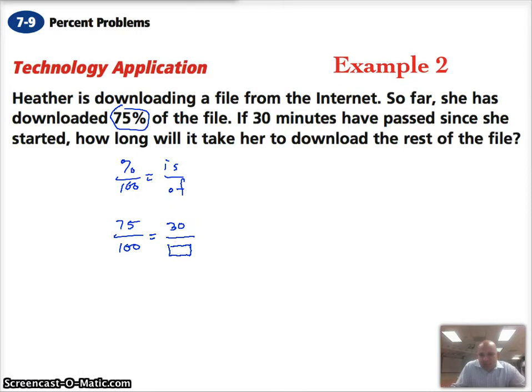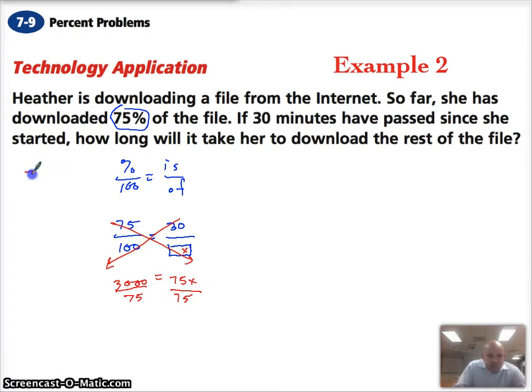Now I'm going to go ahead and use cross products to find out what that total time is. 100 times 30 is 3,000. 75, in this case we're going to call it x, 75x, right here. Now, in order to get the x by itself, we're going to divide both sides by 75.